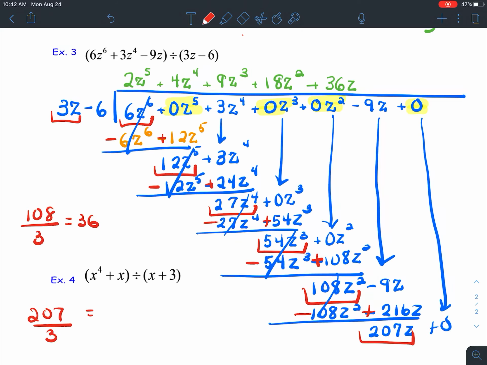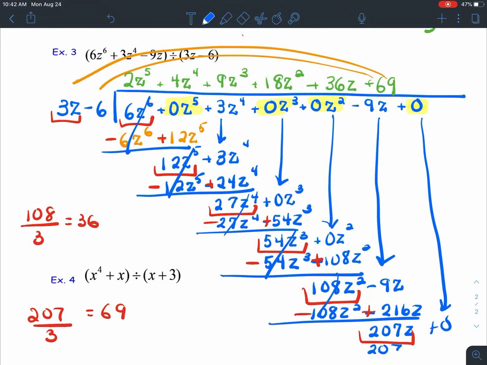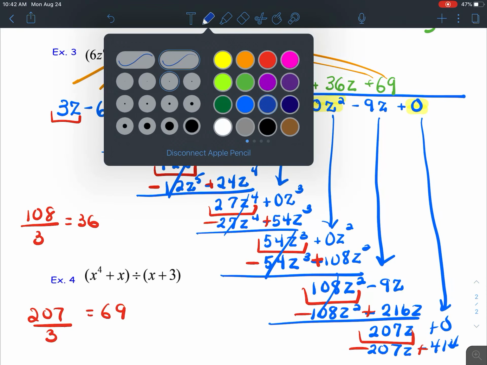Okay, so I am comparing 3z to 207. So if we took 207, divide by 3, I believe that goes in there exactly 69 times. So we're just 69. Now no z here, because the z's match up already. Okay, we're going to distribute that 69 to both of those terms. That's going to be a 207z, I think minus a 414.